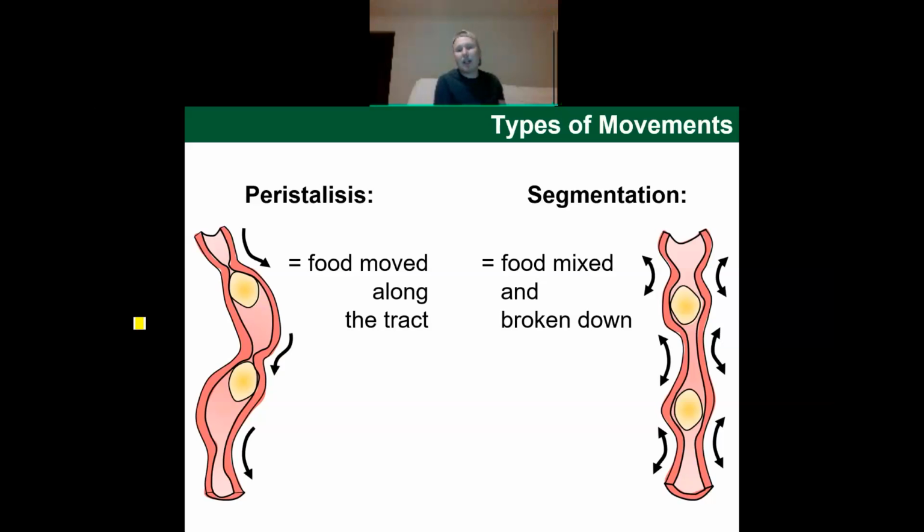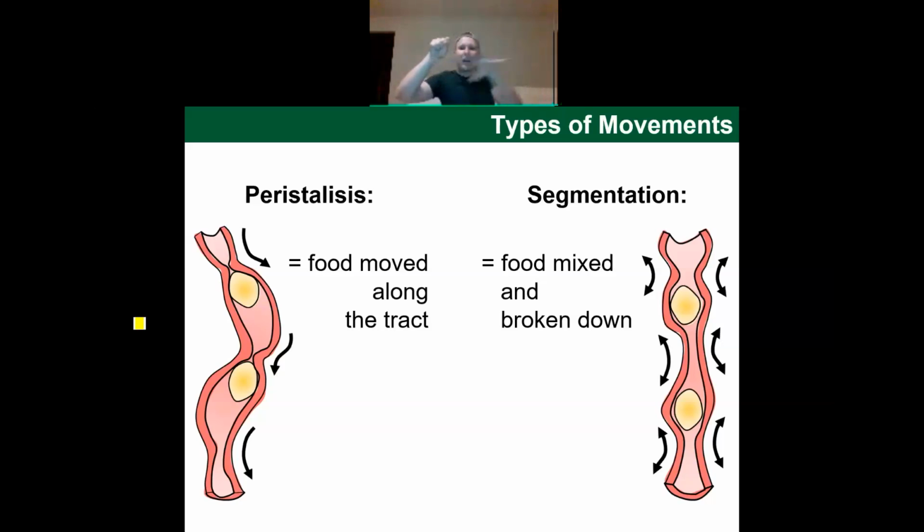segmentation. In segmentation, when we have this tube of muscle in the digestive system, it's not really moving the food inside that tube in any direction. All it does is contract in some random part of the tube, and then it stops contracting.